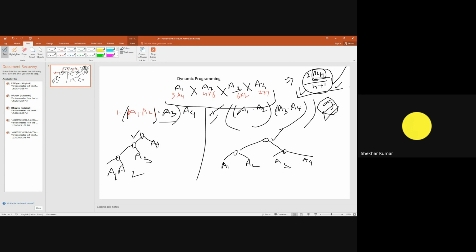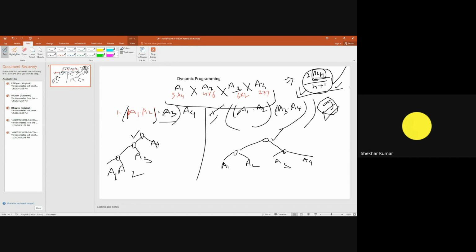So there are a total of 5 ways in which you can parenthesize this problem. So what should be the easy approach by applying dynamic programming? Or what pair should I select so that the cost should be minimum? That is the goal in matrix chain multiplication.